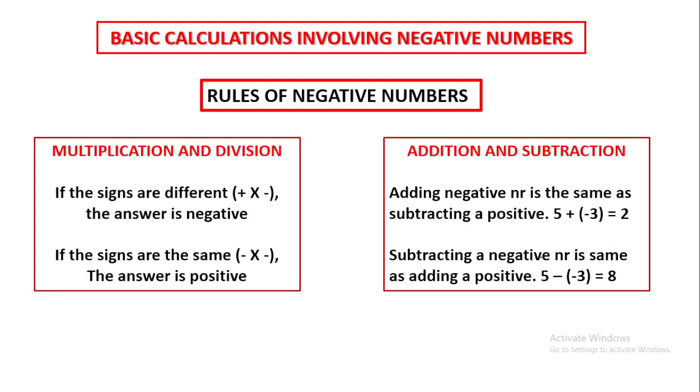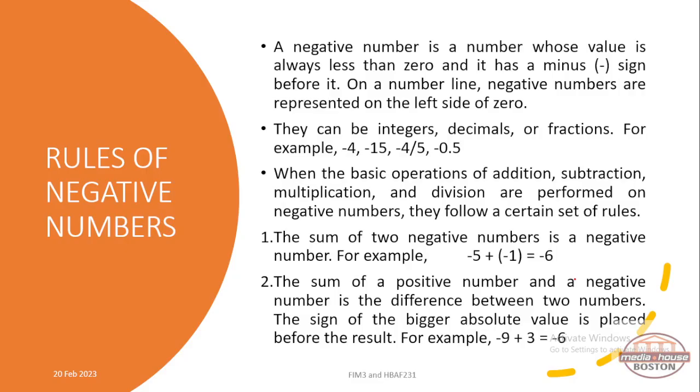And subtracting a negative number is the same as adding a positive number. So if we have minus 5 minus 3, we're going to have minus 8. But if this time we've got a minus multiplied by minus, it's going to be a positive. Therefore, we're going to have 5 plus 3 being 8. Here there is a small explanation, which I'm going to fully explain in the next slide.